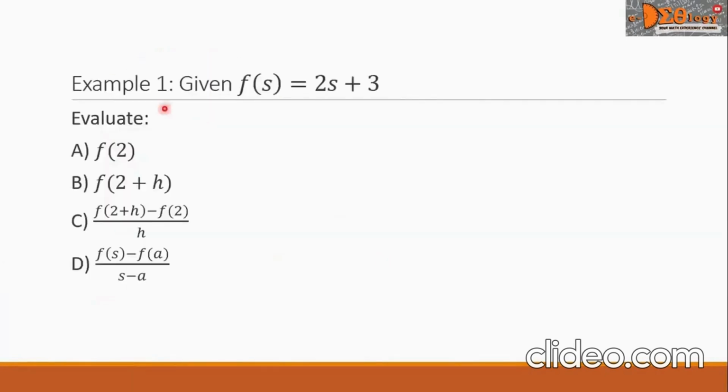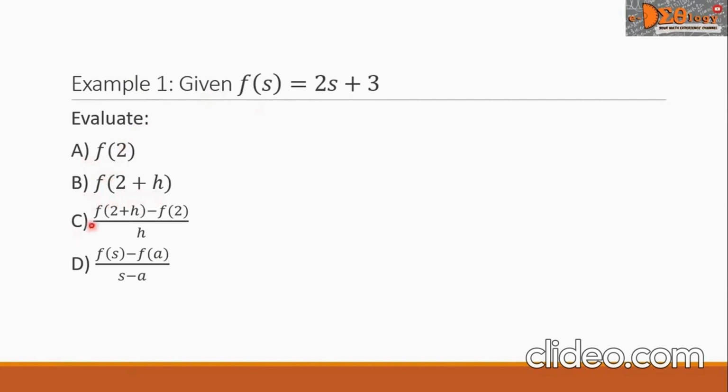Let us have example 1. Given the function f of s equals 2s plus 3, let us evaluate letter A, f of 2. Letter B, f of 2 plus h.